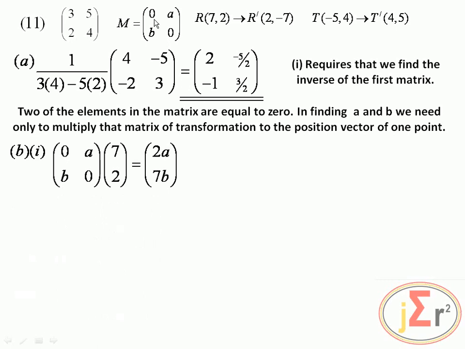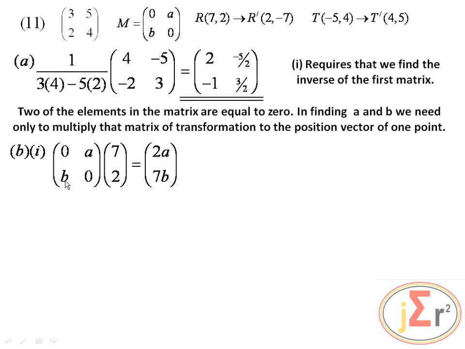So we take this matrix of transformation here, we multiply by the position vector of 7 2, and what do we get? 0 times 7, and a times 2. So we get 2a. Or we have now b times 7, 0 times 2.